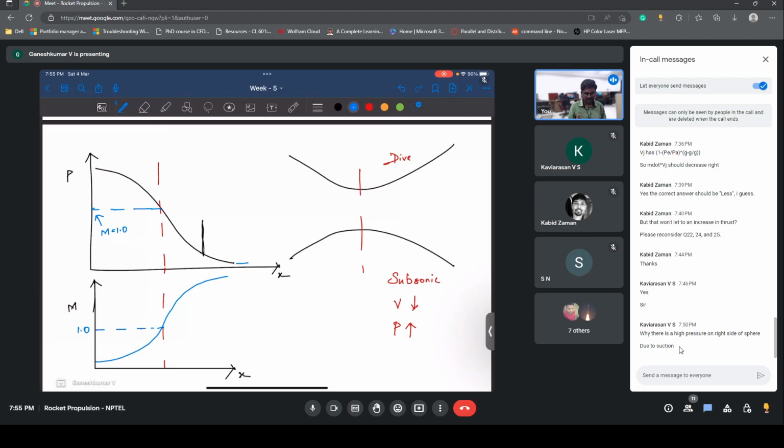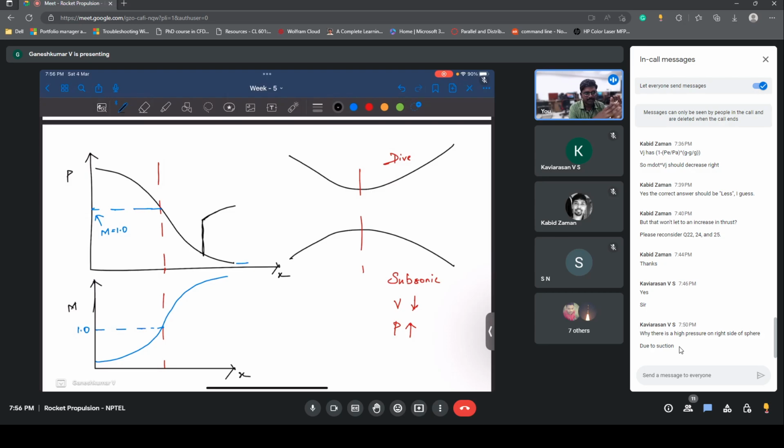But let's say you consider just a normal shock. Basically a shock is nothing but a discontinuity. Suddenly the pressure rises, and after a normal shock it's always a subsonic flow. Across a normal shock, this side will be supersonic, and the other side will always be subsonic.